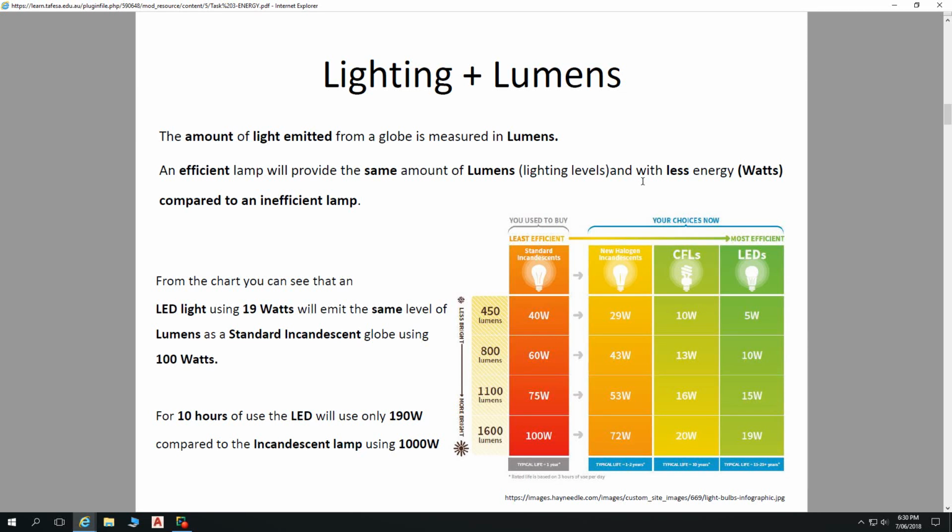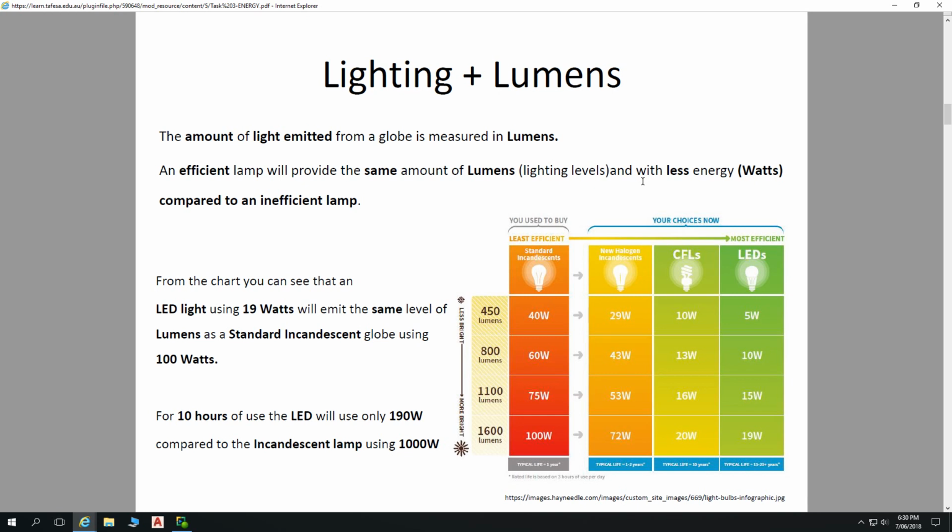Typically, if we were buying some light globes at the supermarket, we'll look at the wattage, but also we want to look at the lumens those lights put out. Previously with your standard incandescent light globes, the ones with the little filament on the inside, it was, do you buy a 25 watt globe, a 40 watt globe, a 60 watt globe, a 100 watt globe, because they were all putting out about the same amount of lumens per wattage.